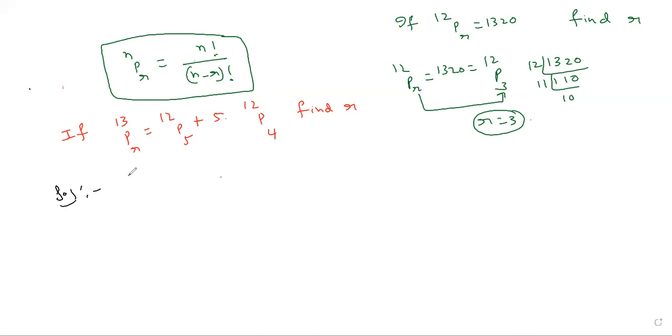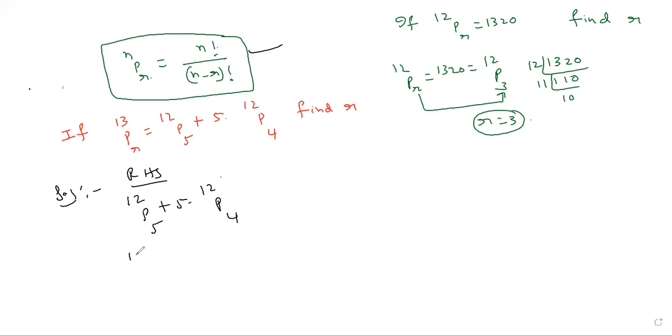So observe the solution. First take the RHS: 12P5 plus 5 into 12P4. Use the formula here. What is NPR? N factorial by n minus r factorial.